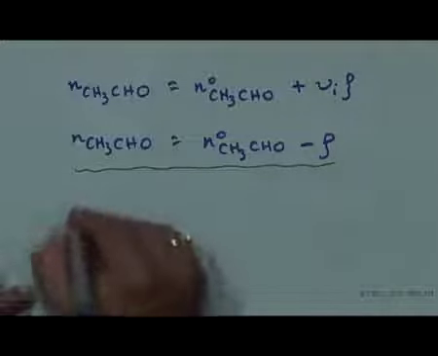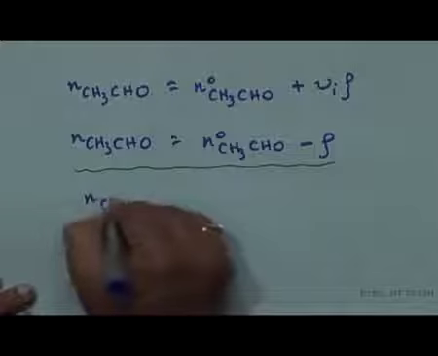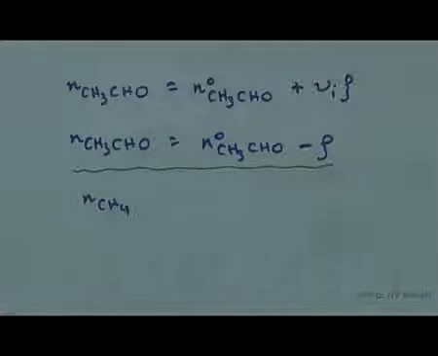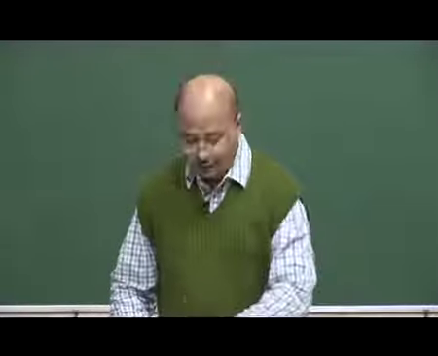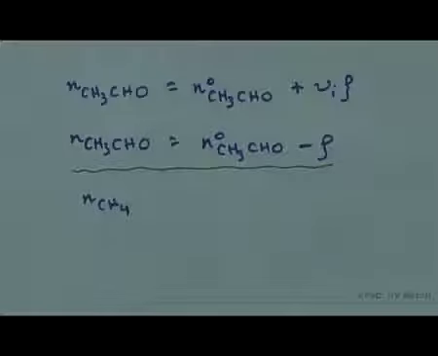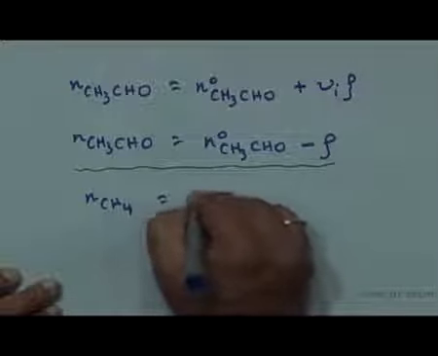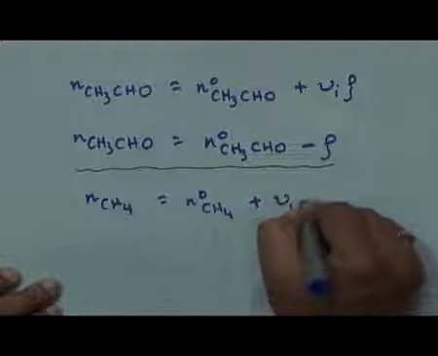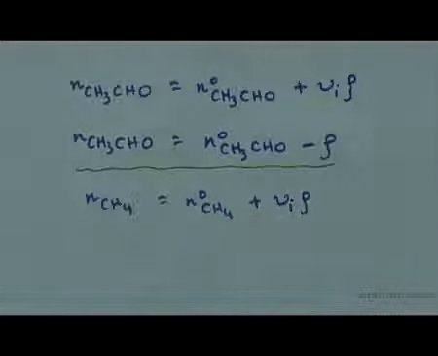Then accordingly, I can write for methane. The number of moles of methane, N CH4, like we wrote the number of moles of acetaldehyde, can be given by N naught CH4 plus nu i xi.